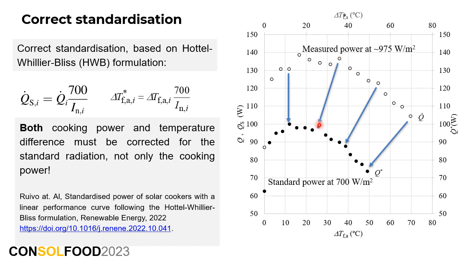So they are not corrected vertically anymore, because the temperature differences are also corrected. And this is the right standard power data at 700 watts per square meter.